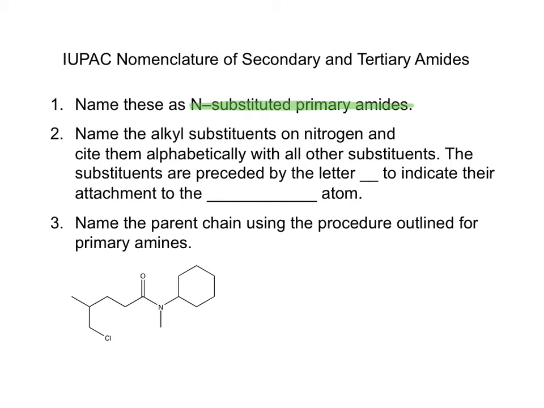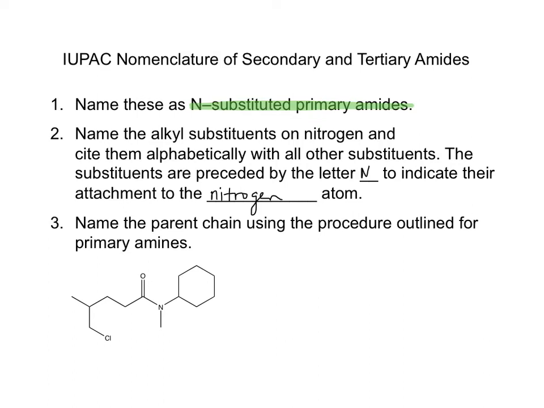And so what we'll do is we'll name the alkyl substituents on the nitrogen, list them alphabetically with all the other substituents that are on the parent chain. We're going to show they're on the nitrogen by using a capital N to indicate their attachment to the nitrogen atom. So this is actually pretty straightforward. They're treated as substituents. And then we'll just name it like usual from there on out.